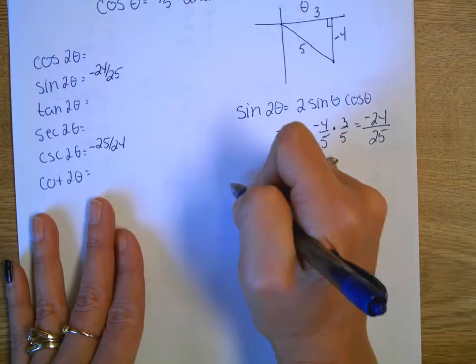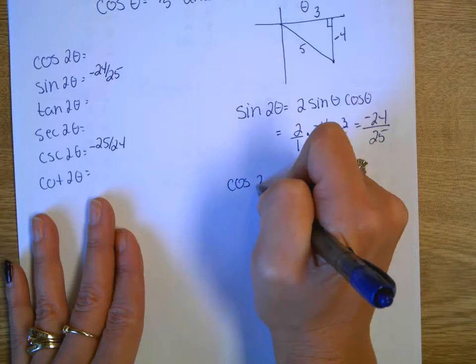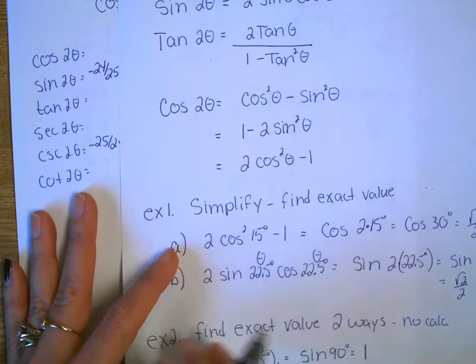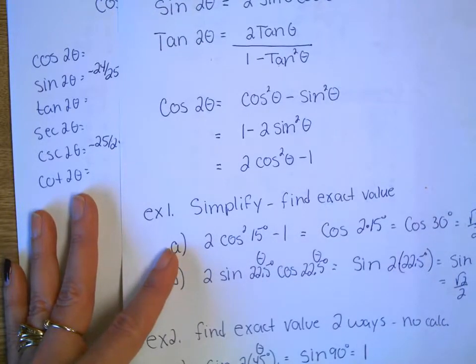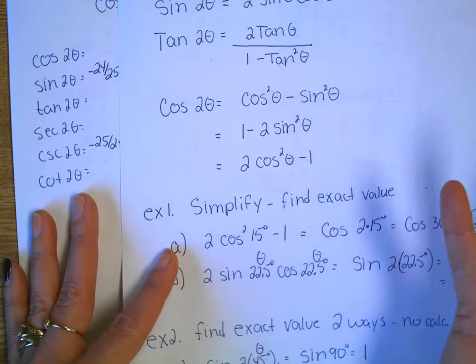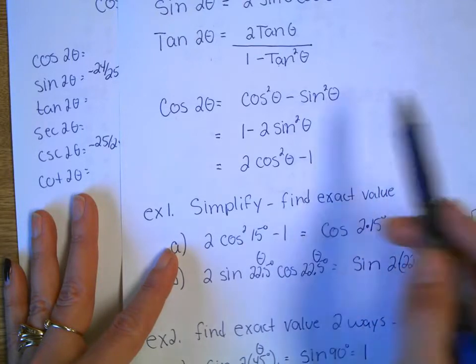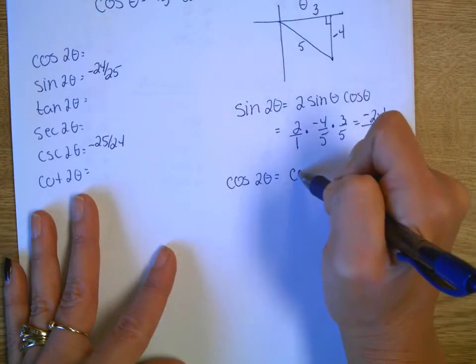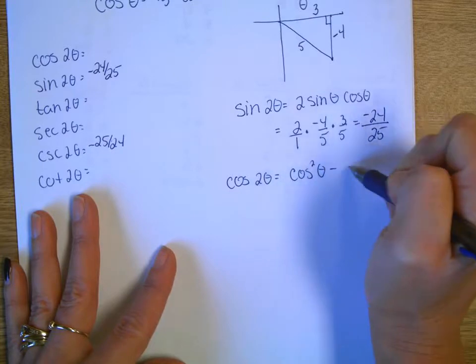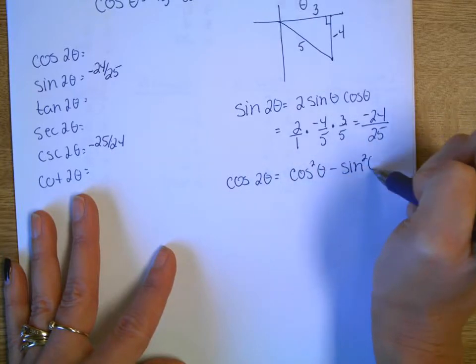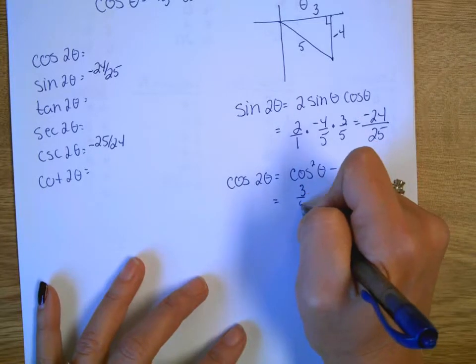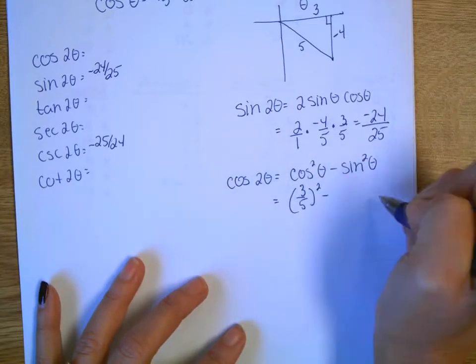Let's do cosine next. Cosine, you have an option. It doesn't matter which one you use for cosine. Cosine squared minus sine squared, it doesn't matter to me. So the cosine ratio is 3/5, and we've got to square it.